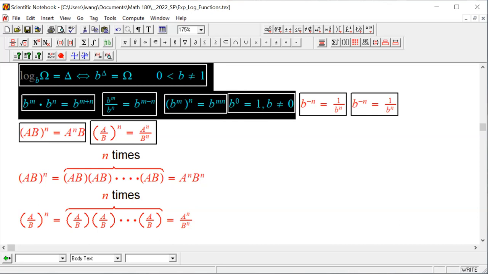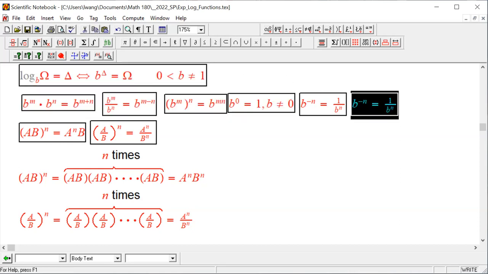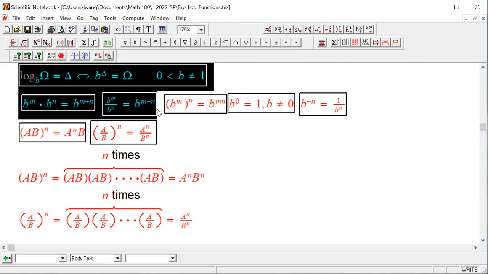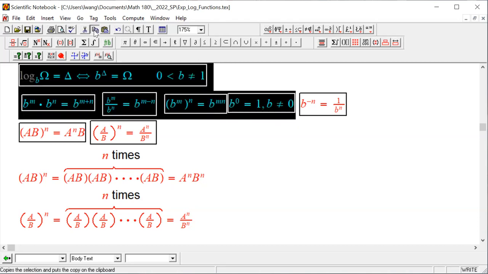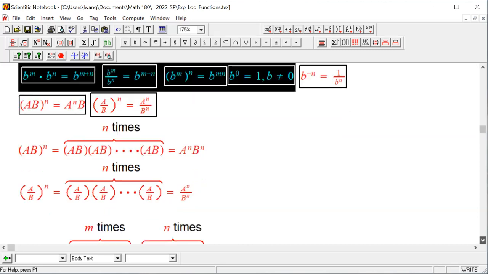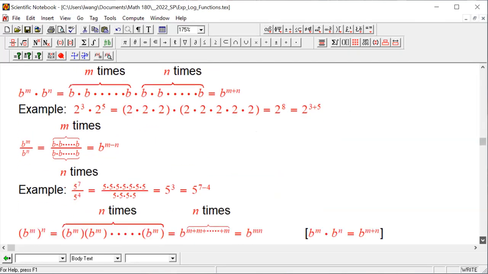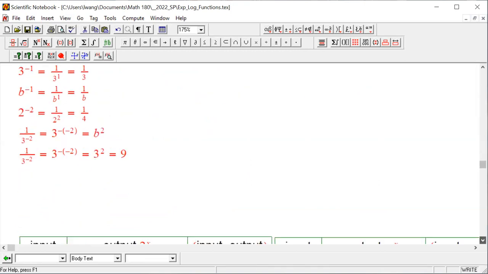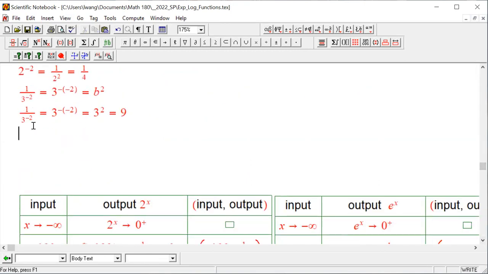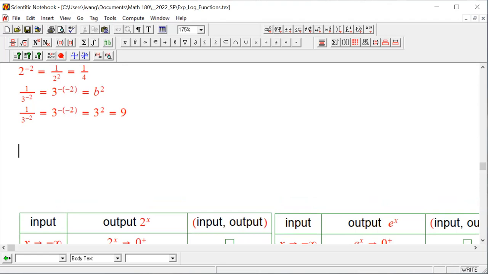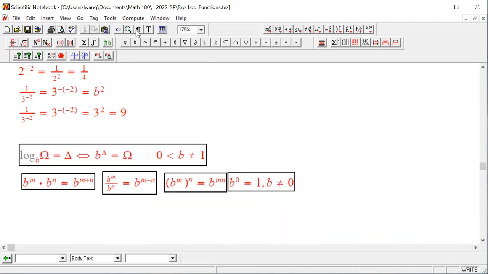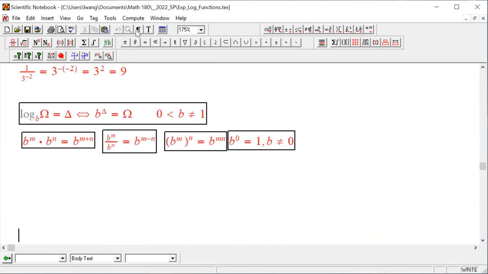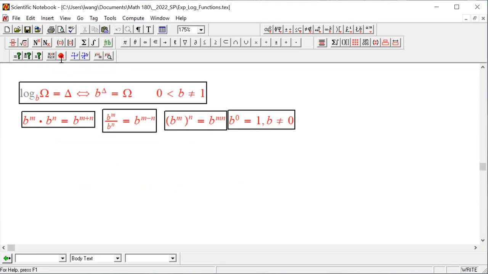These fundamental properties all have a correspondence in the logarithm form. So we're going to talk about those. That's what we're going to work on.